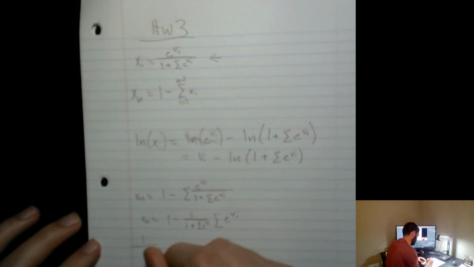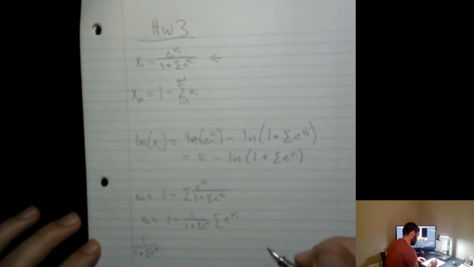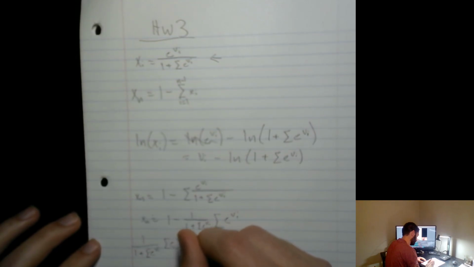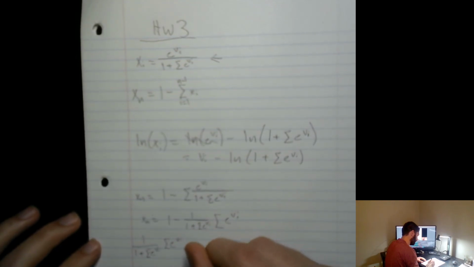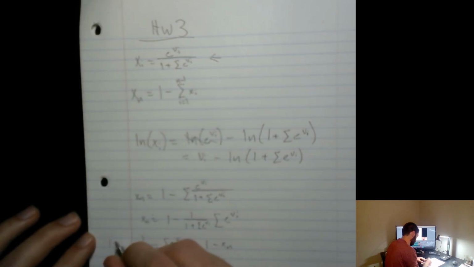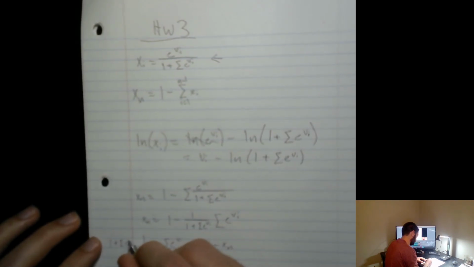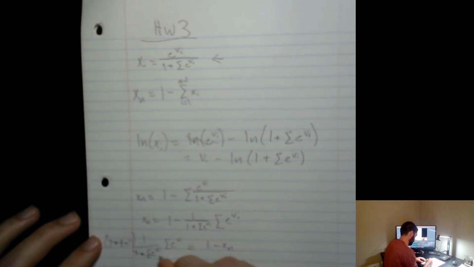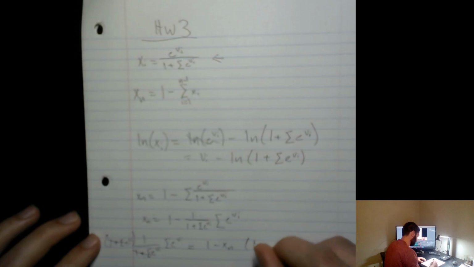We have 1 over 1 plus summation e to the vi, times the summation e to the vi, equal to 1 minus xn. Then we'll multiply 1 plus summation e to the vi onto this side, so it goes away over there and comes over here.